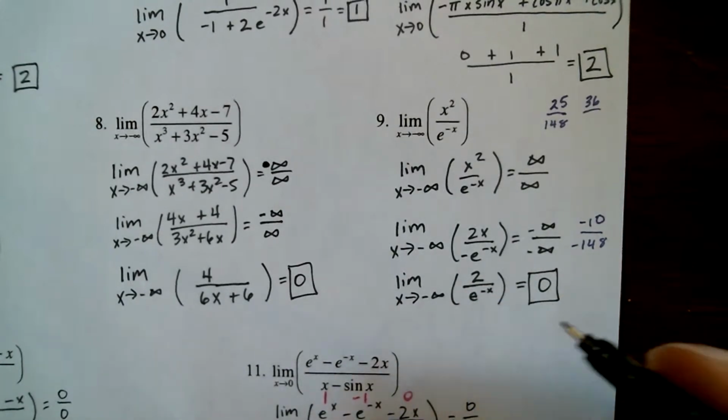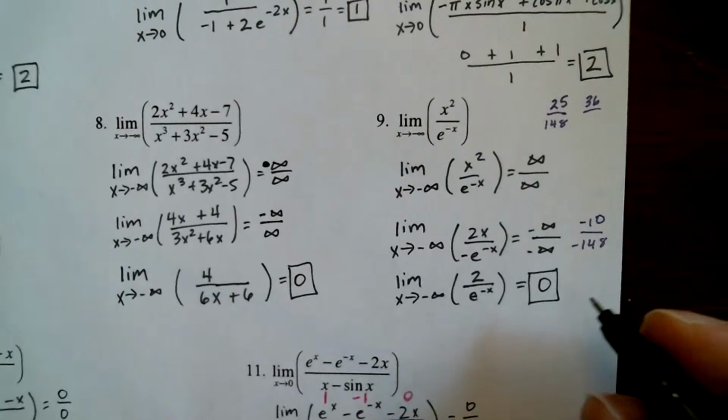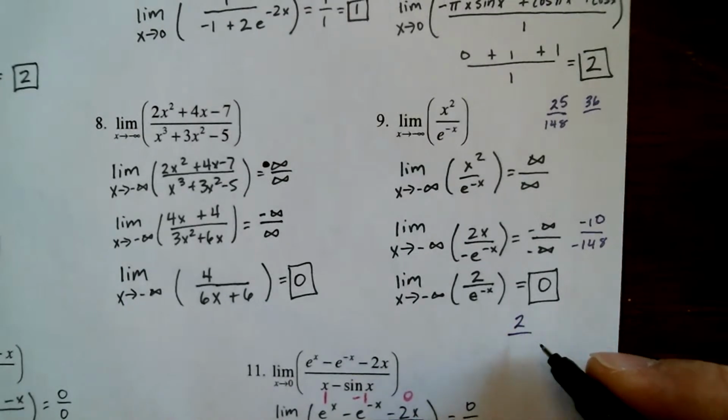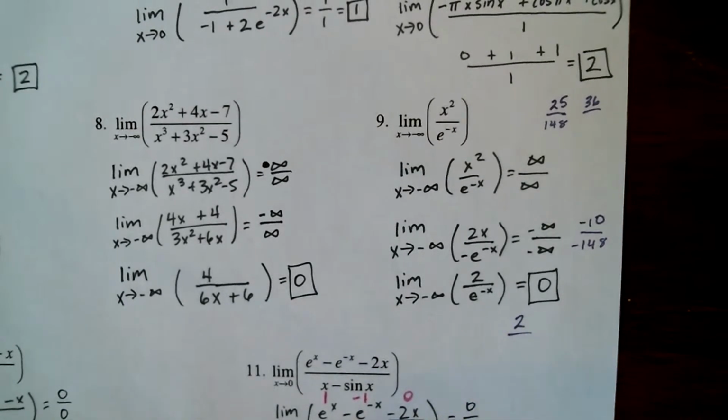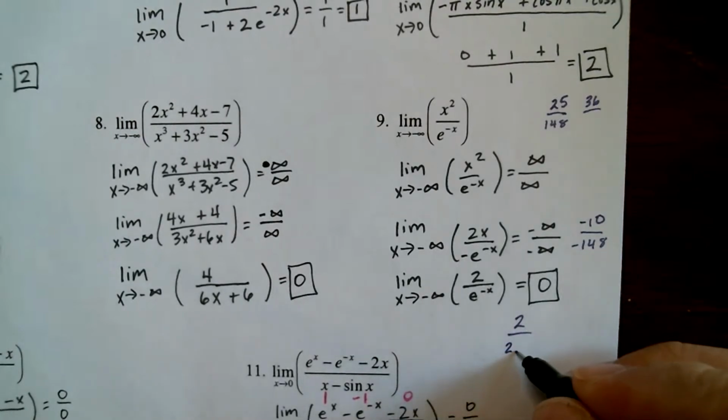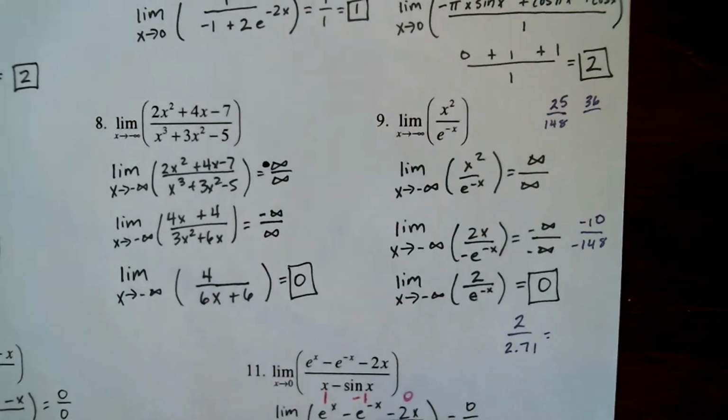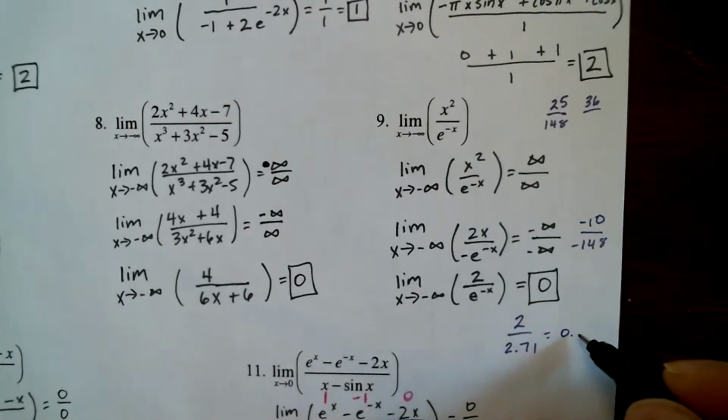Then I type in something, can't be too big, say 2 over e to the first power. e to the first power is 2.71, and 2 divided by 2.71 is about 0.7.